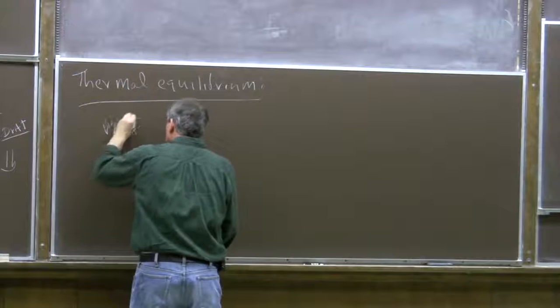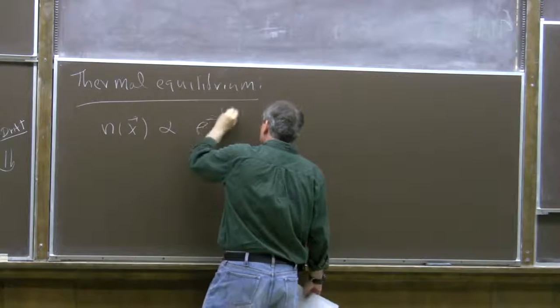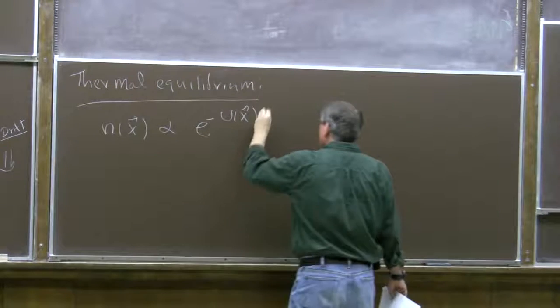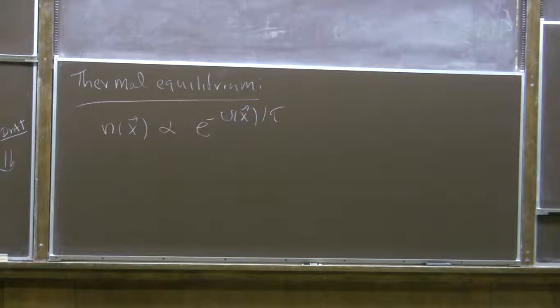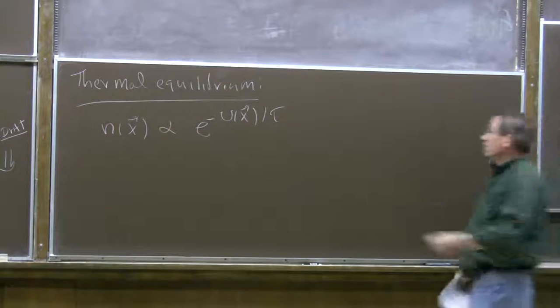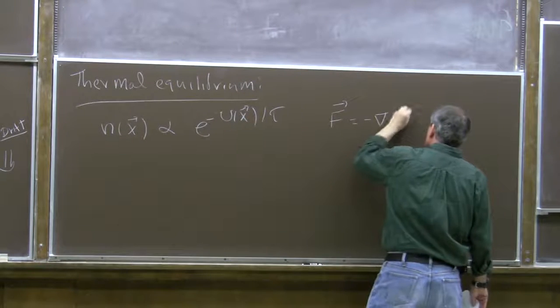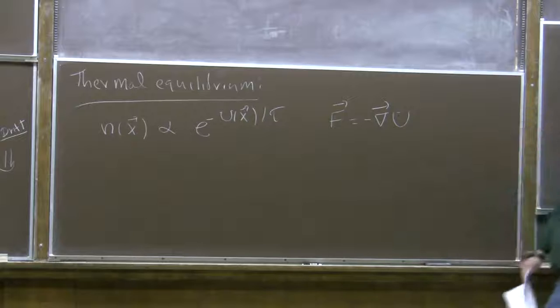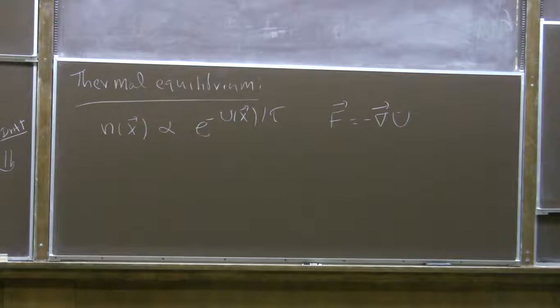Concentration proportional to the Boltzmann factor associated with the conservative potential that produces the force. In other words, the force being applied to the particles is minus the gradient of this potential. And in equilibrium, the probability of a particle being at a position should be proportional to the Boltzmann factor with the energy being determined by the potential.